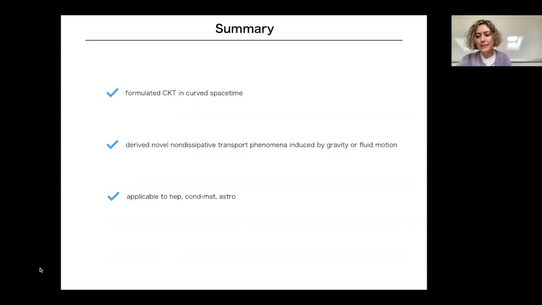You show the results. You choose the rotating coordinate frame and rest frame, and your equations of motion. In the rest frame, you have Coriolis force, and you get the chiral vortical effect in the current term.